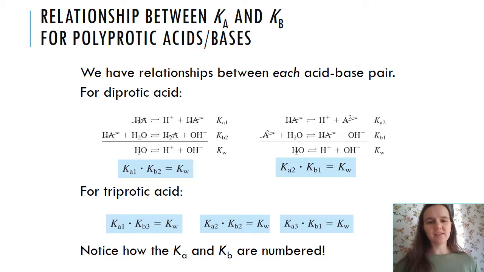So that's your last abstraction of water. So Ka1 times Kb2 equals Kw if it's diprotic. Basically, you're going to go crisscross. So if you've got the A1s and B1s and stuff like that, you're going diagonal between A1, B2. If it's triprotic, it's A1, B3, A3, B1, and then A2, B2. And the Kas and Kbs are numbered.